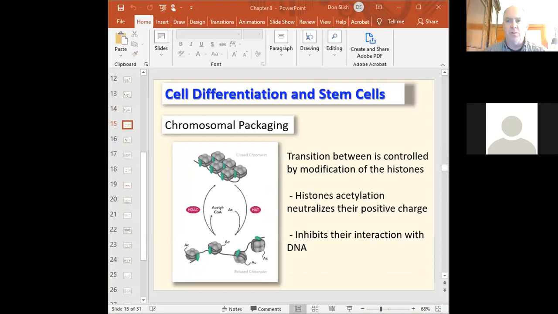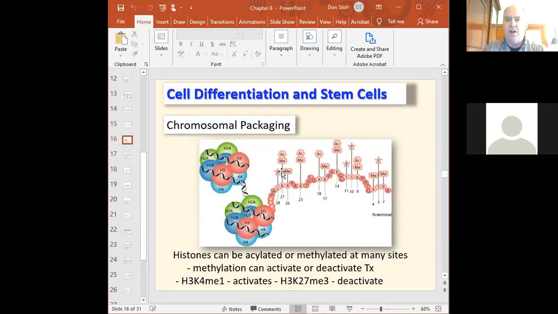They can also be phosphorylated, and that's important too. So methylation is kind of weird in that acylation always opens up. Methylation can open up or close up depending on which amino acids in the little tail of the histone gets modified.